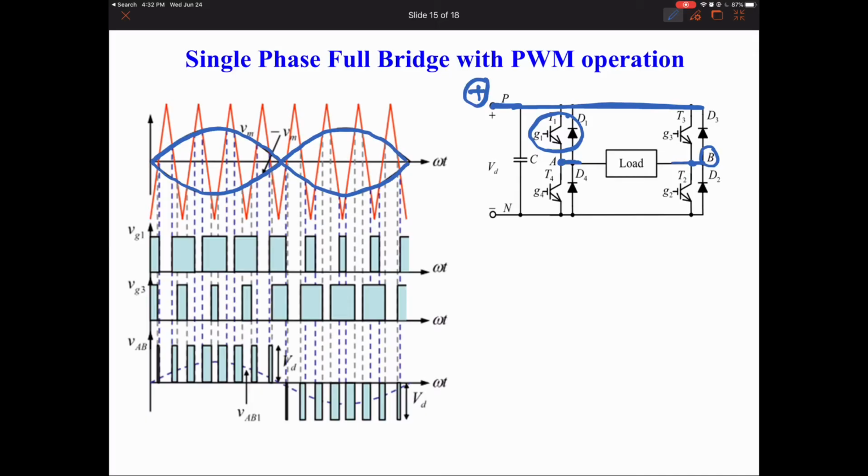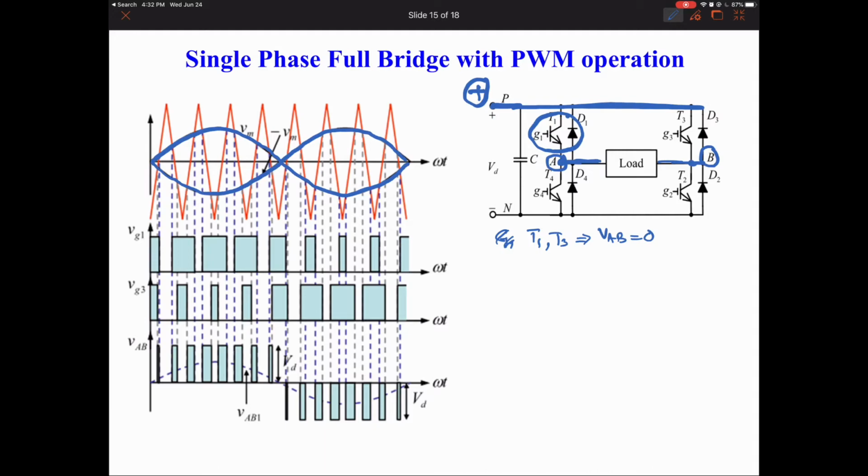Your load voltage will be 0, right? So if we turn on transistor 1 and transistor 3, our load voltage, that is VAB, will be equal to 0 because there is no voltage difference. Whatever is the voltage over here, same is the voltage at point B.